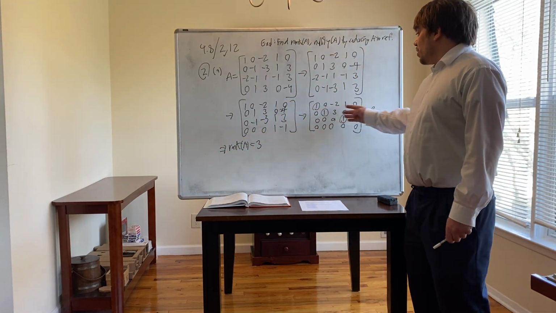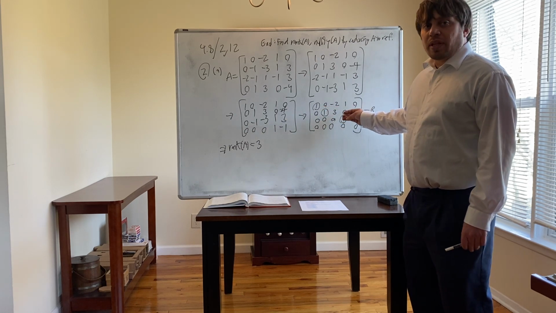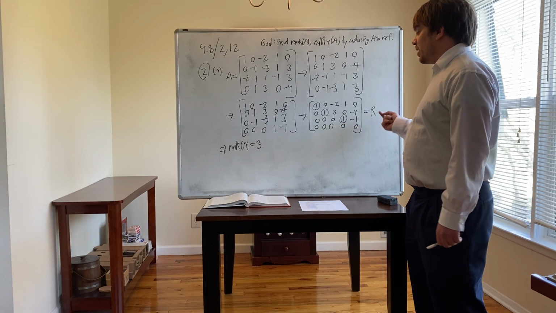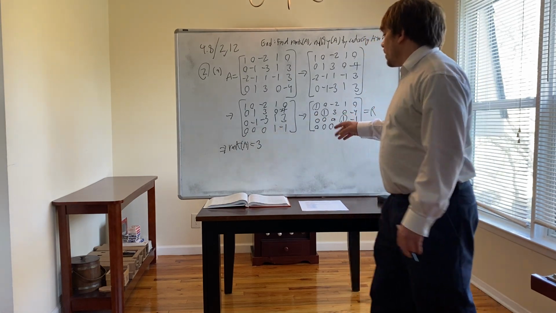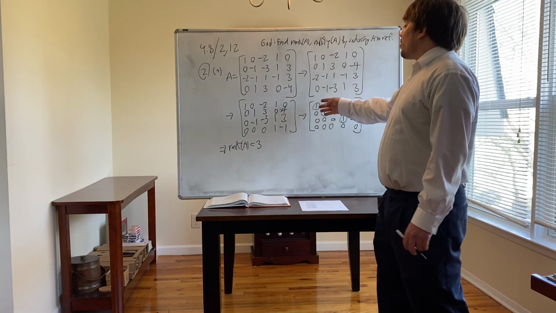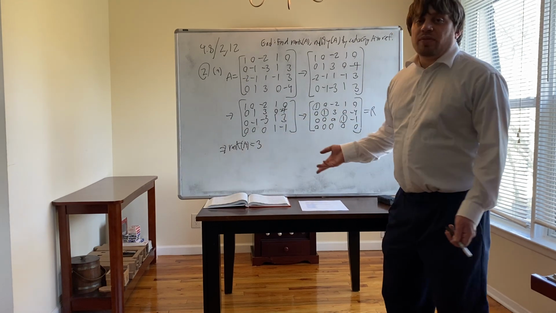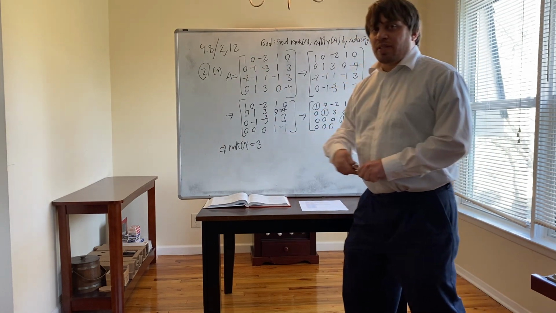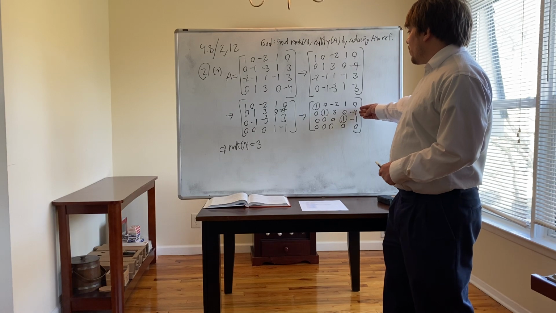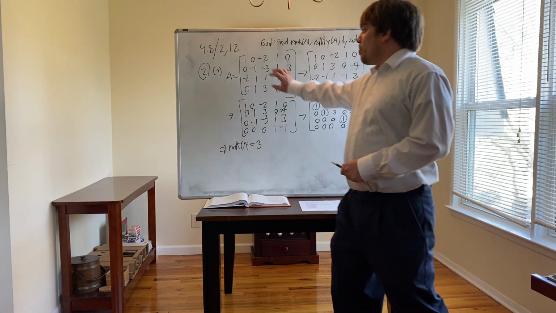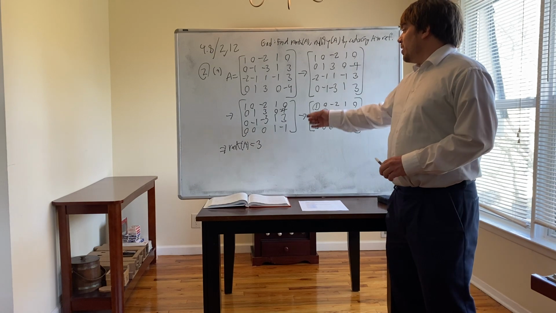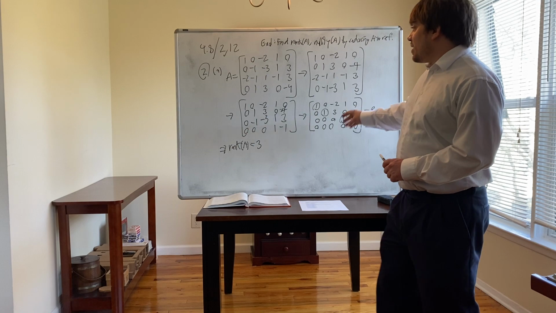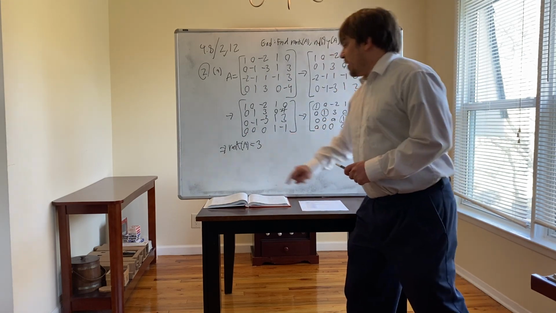If I take these 3 rows with leading ones, all 3 of them, then these 3 rows are a basis for the row space of R. The row space of a matrix does not change under elementary row operations, so the row space of R is the same as the row space of A. These three rows are not just a basis for the row space of R, they're also a basis for the row space of A. And that means that the dimension of the row space of A is 3, and that means its rank is 3.